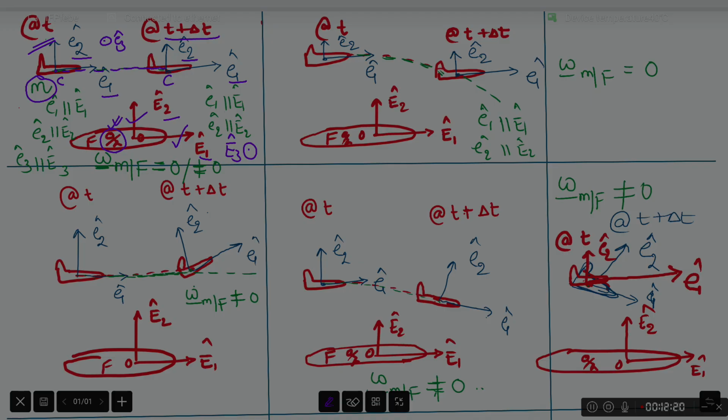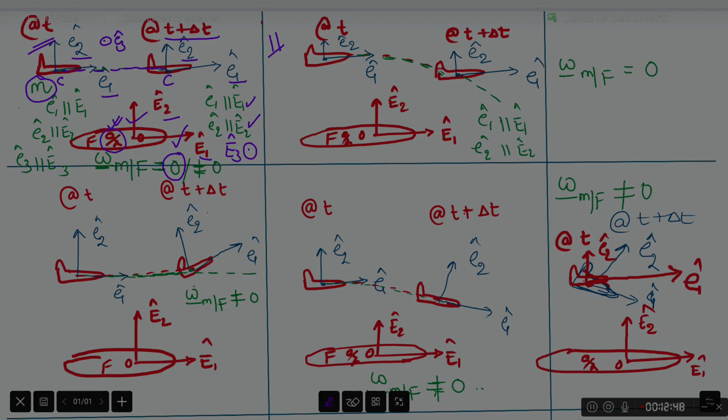I just expect this much of an answer: 0 or not 0. Since small e1 and small e2 continue to be perfectly aligned with big E1 and big E2, the answer here is omega mf is indeed 0 for the body M with respect to body F.